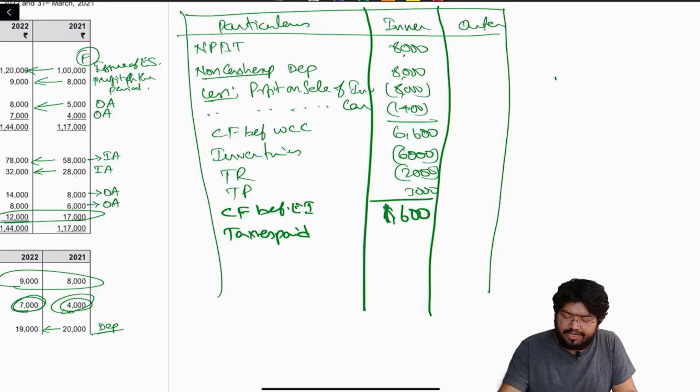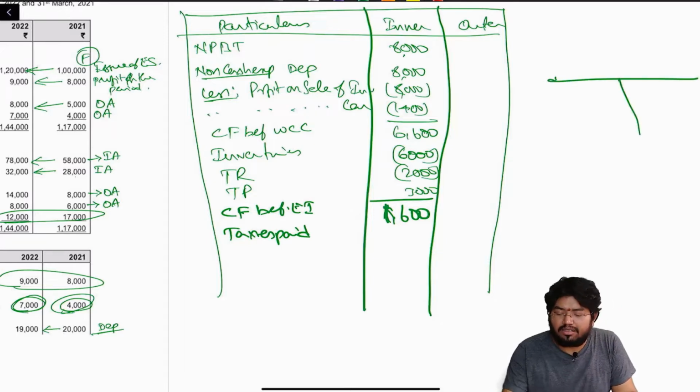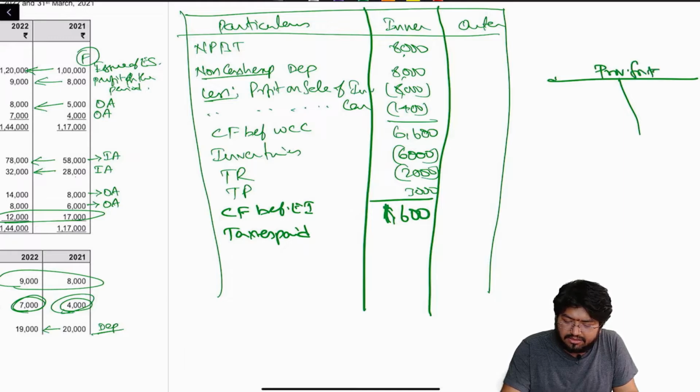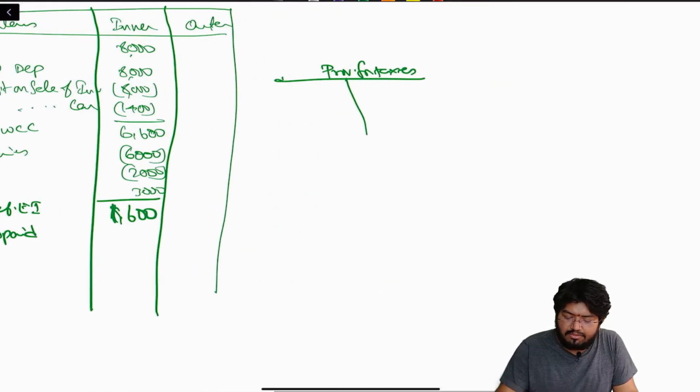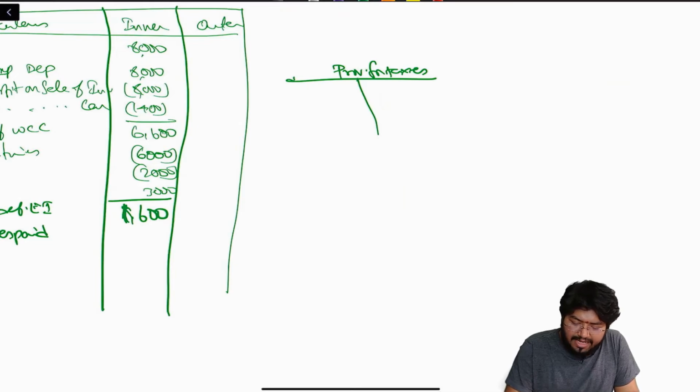Taxes paid, you can prepare a quick account for provision for taxes. Opening balance you have 4,000, credit balance, and closing you have stated that 7,000, and you also know this year the provision created is 7,000.